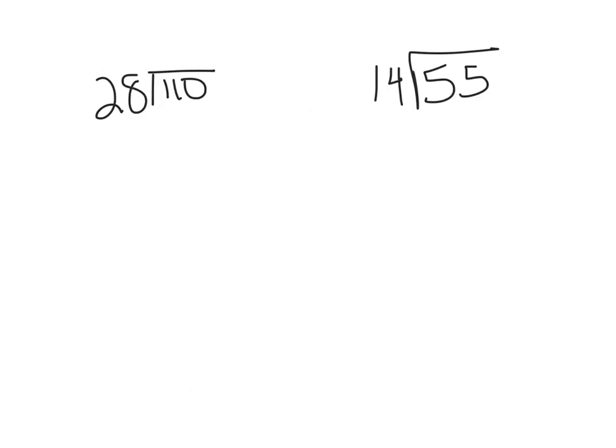Okay, so we think, well, I can't make a group of 28 with 1. I can't make a group of 28 with 11. But I need to make 110. Well, I don't know that off the top of my head, so I'm going to do some math over here. Let's try 2. Ooh, we're way off. Let's try 4.